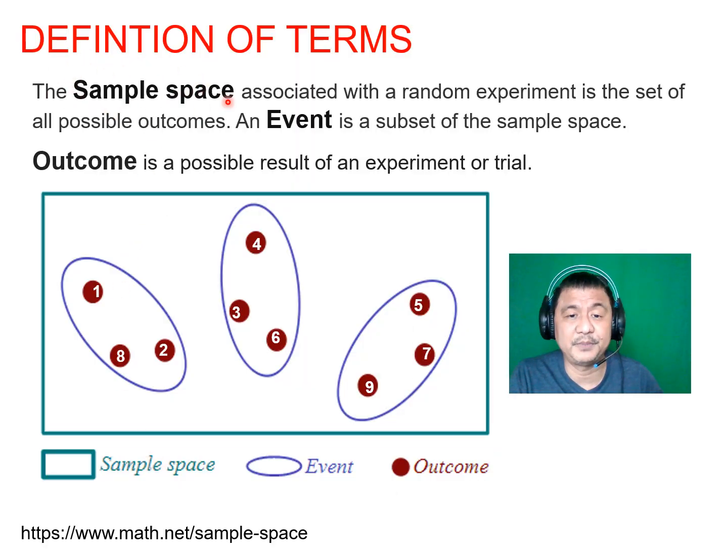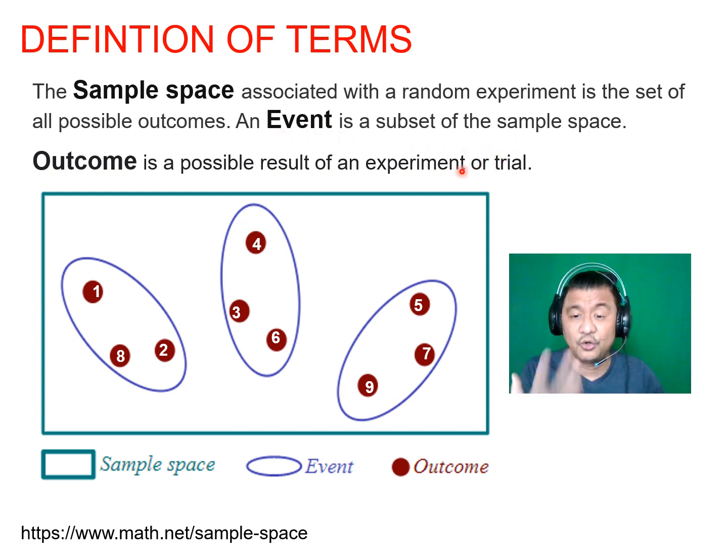A sample space is associated with a random experiment. It is the set of all possible outcomes. You made an experiment, all the results that came out is called the sample space. This is what came out. Now, the event is the subset of the sample space.